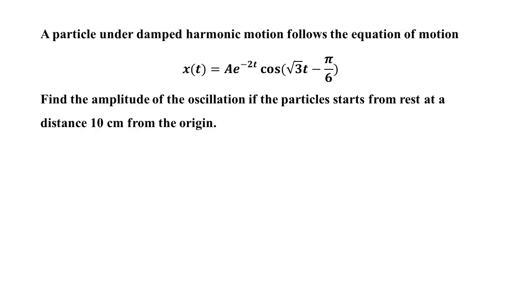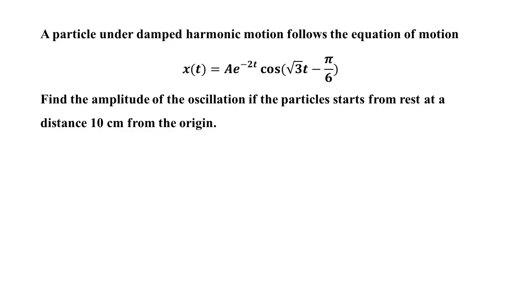There is another example of a problem on oscillation. The problem is given: a particle in underdamped harmonic motion follows the equation of motion x(t) is A e to the power minus 2t cos of root 3 t minus pi by 6.